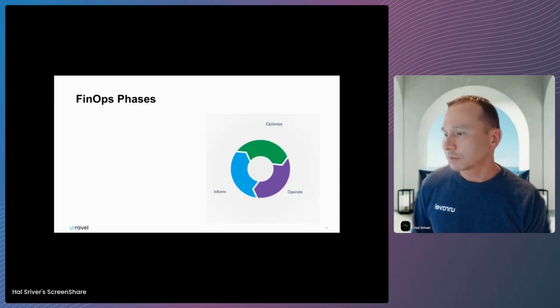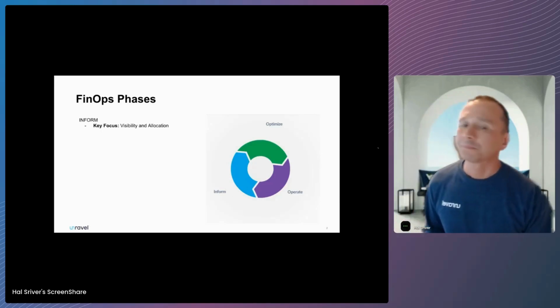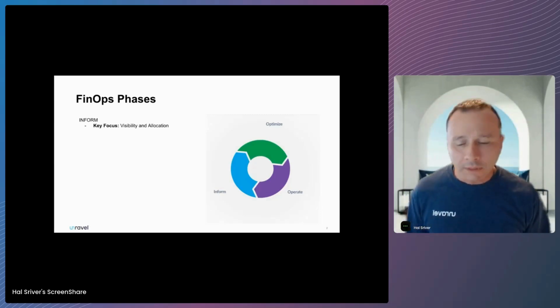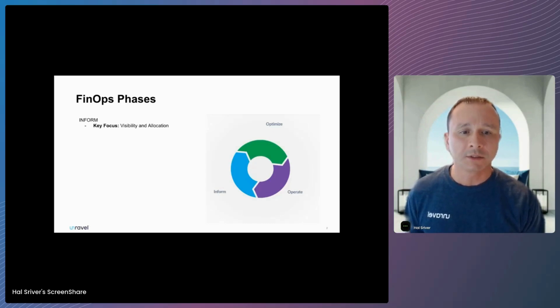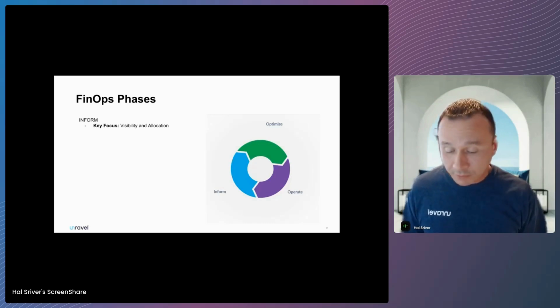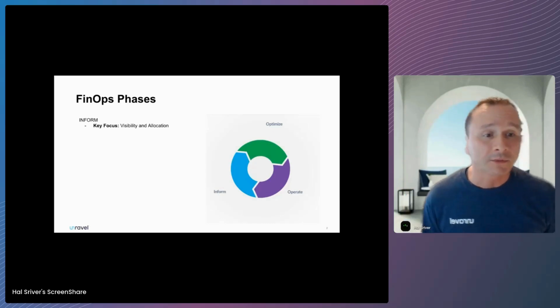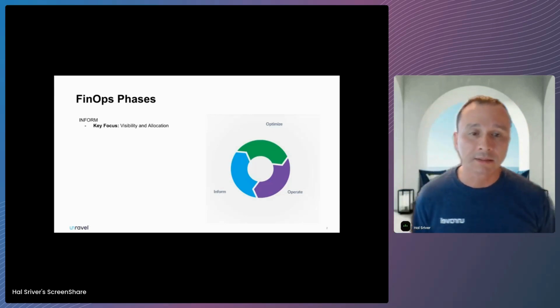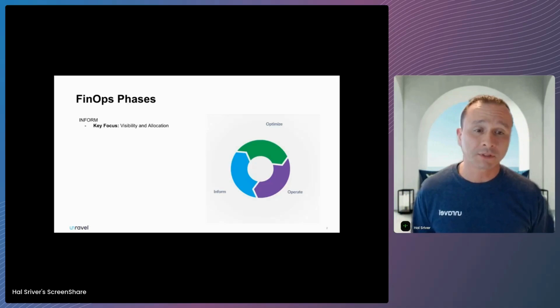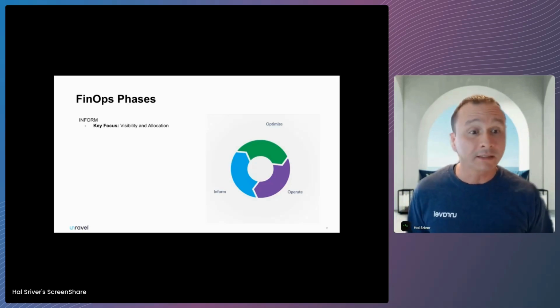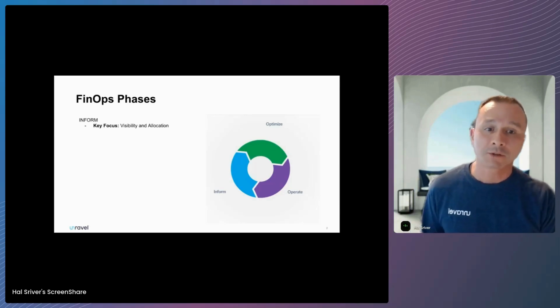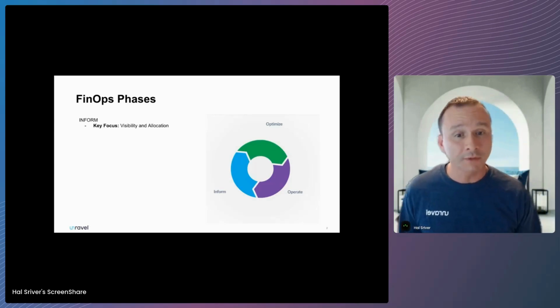So the first one here is this inform stage, and really what this is all about is to provide visibility and allocation, right? In terms of where all of your spend is going. And the actions here for the FinOps folks are things like collecting and analyzing the cloud cost data from those cloud service providers, but also really for the focus today, from Snowflake.